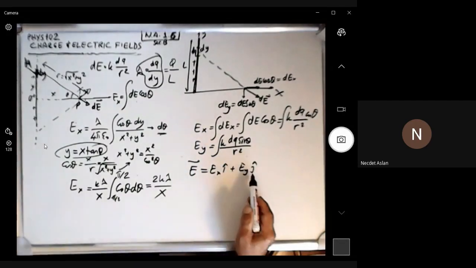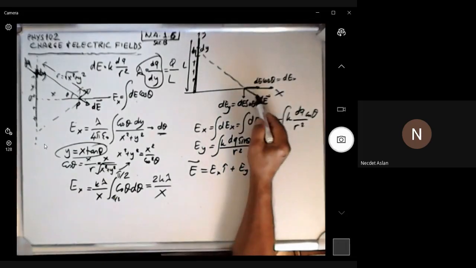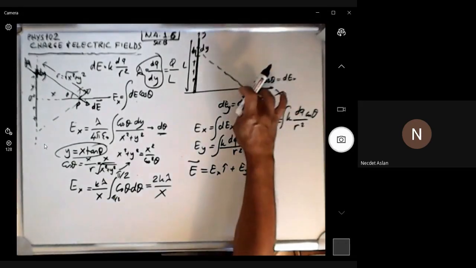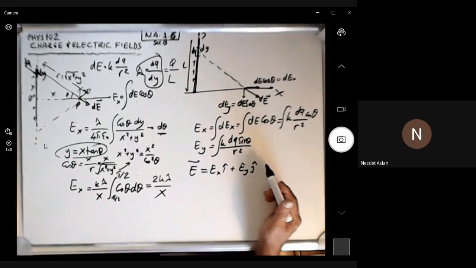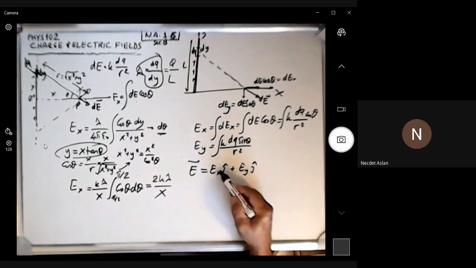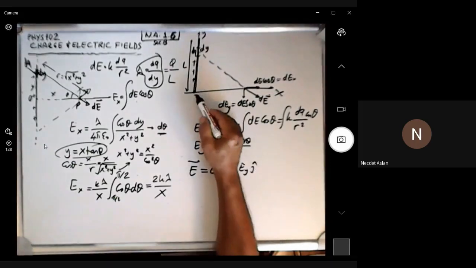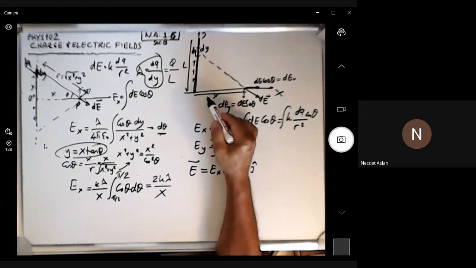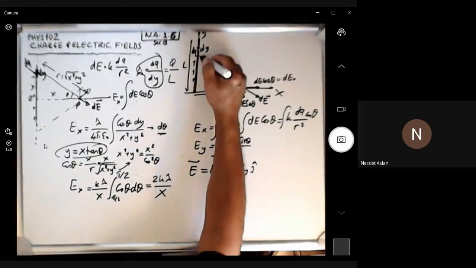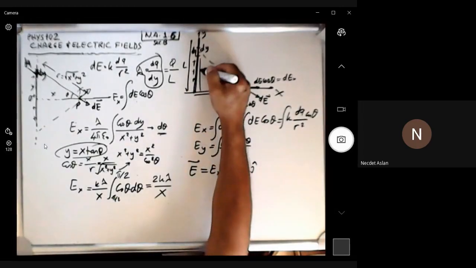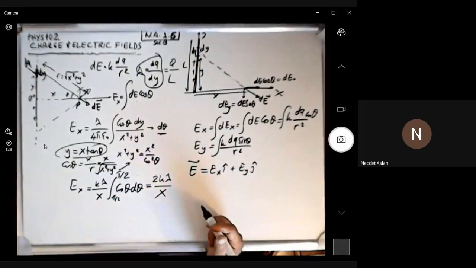This is the total electric field at this point, which is the total electric field in this direction. But this will be a function of x again. So the distance is x there, and the distance here is y, but the total length of the rod is just L. Don't forget.